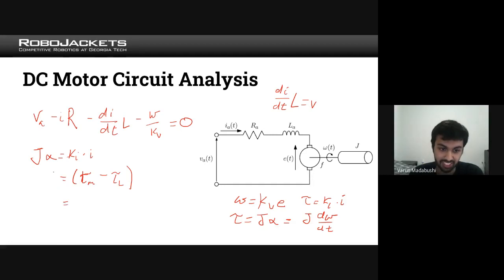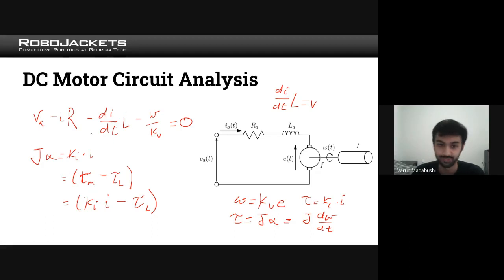So now we can write the equations properly. J alpha equals, we'll substitute Ki times I in for the motor torque, and you get Ki times I minus tau L.